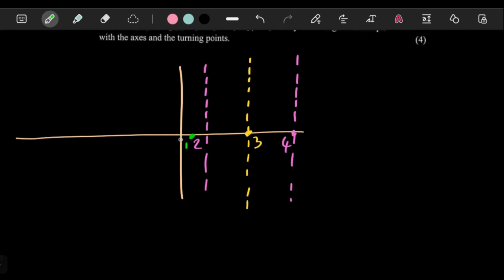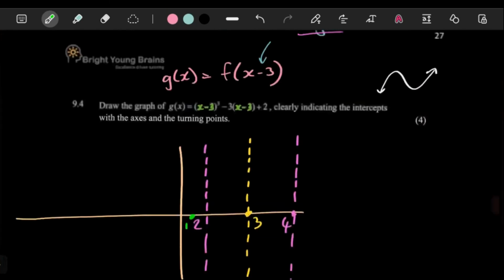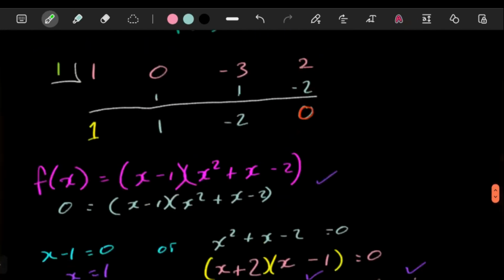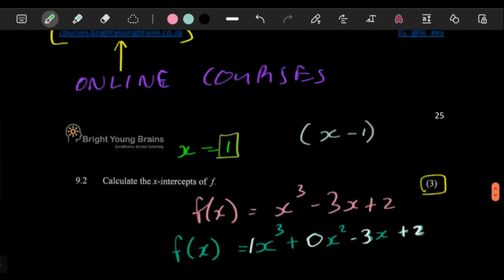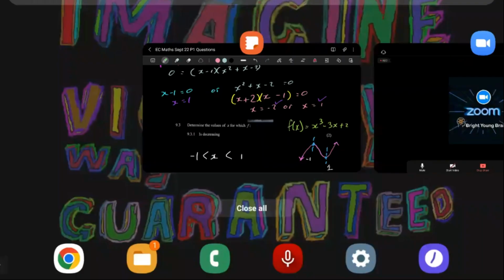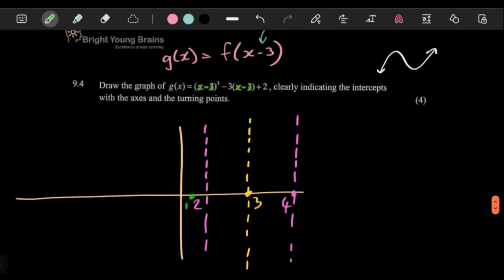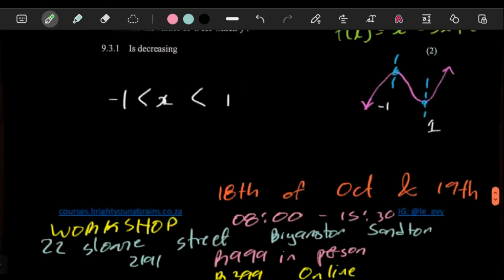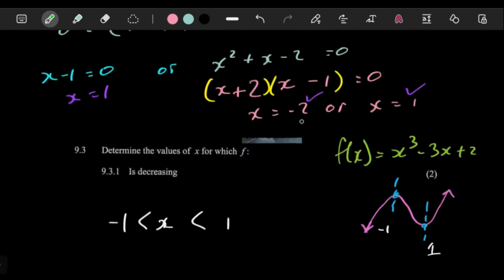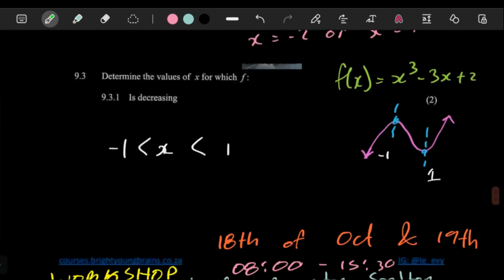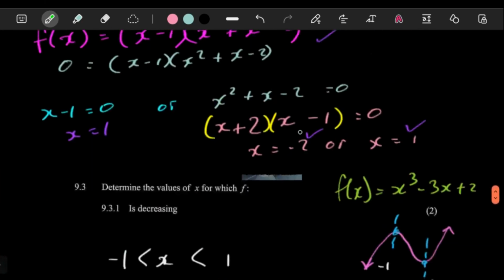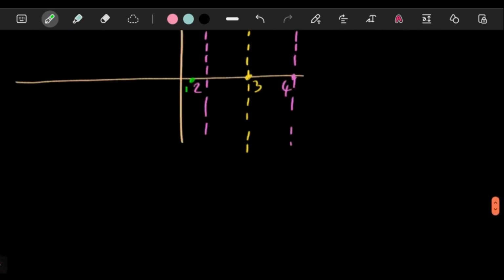And the one at 1, if you move it 3 to the right, becomes 4 here, which makes sense.